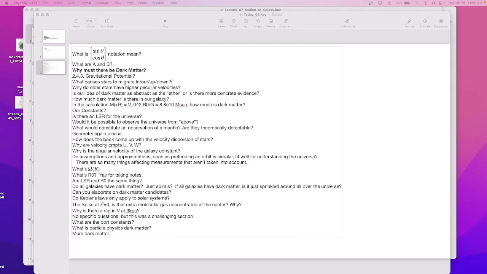Space derivative of magnetic field is curl of B, and this is minus 1 over C curl of B. So time derivative of electric field gives you spatial structure in the magnetic field, and the other way around. Time derivative of the magnetic field gives you spatial structure in the electric field, and the other way around.